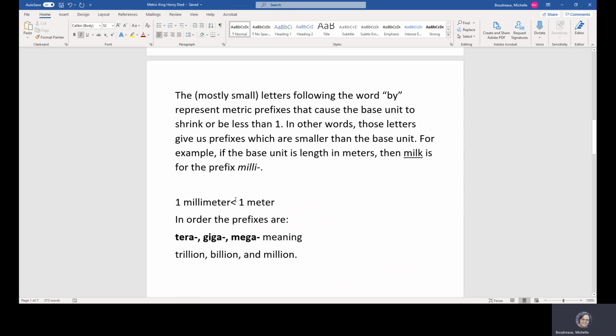If you were to take out a ruler and look, the millimeters are the tiny little lines about the size of your pencil lead. And in fact, if you're writing with a pencil or have a pencil in your backpack, take it out now and look at the side of the pencil, and you will see that it tells you how wide the point is.